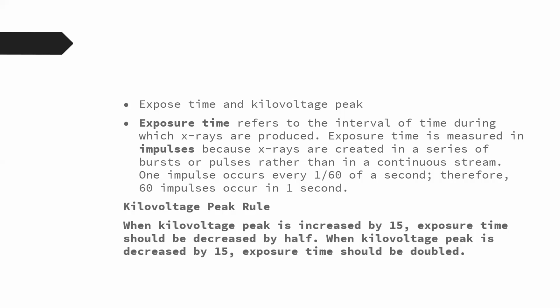So for example, if we set our machine to take an image of tooth number 11, the impulses that may have been preset into that machine may have been, let's say, 10 impulses, right? That's 10 out of the 60 that is found within 1 second.